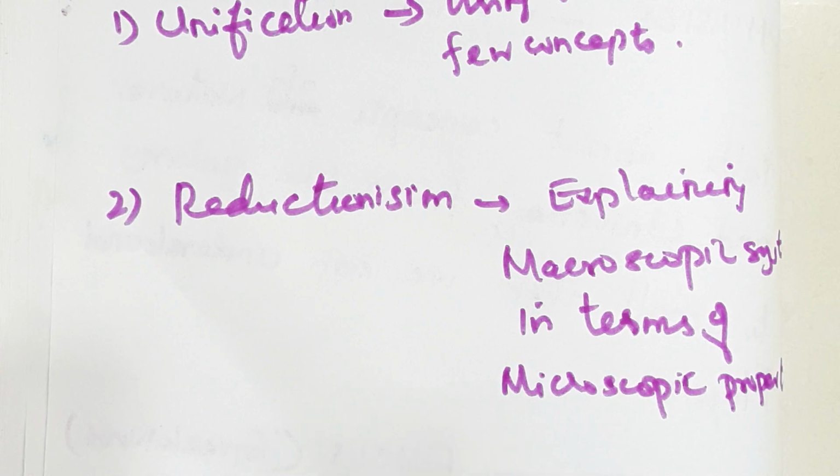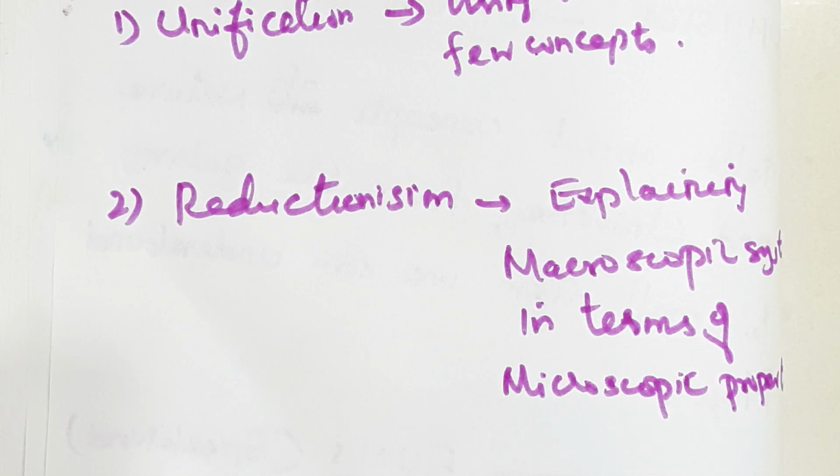That is, pressure, temperature, volume, all these concepts can be explained on the basis of the motion of atoms, molecules, etc. So this is about reductionism. Understand? So these are the two main approaches in physics.